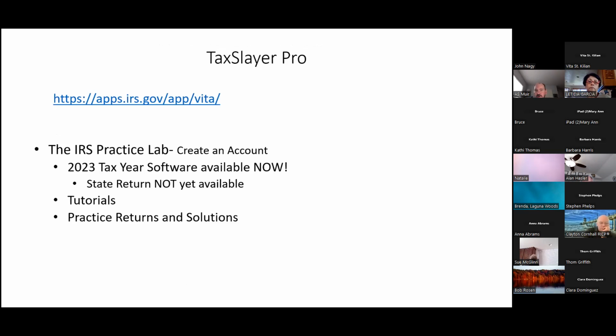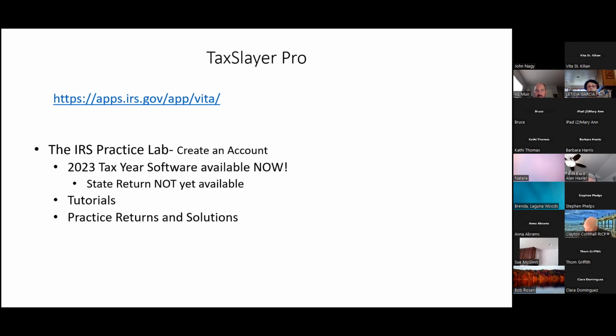Again, the TaxSlayer Pro, also known as the practice lab, when that comes up and it's operational, then you'll be able to conduct your certification. And as of yesterday, I checked the practice lab, and I was able to use the 2023 tax software. And this is important. I've done it probably 100 times.